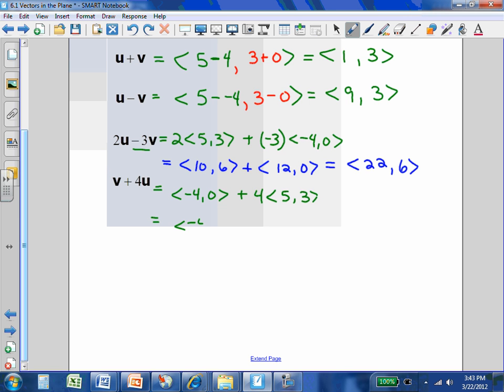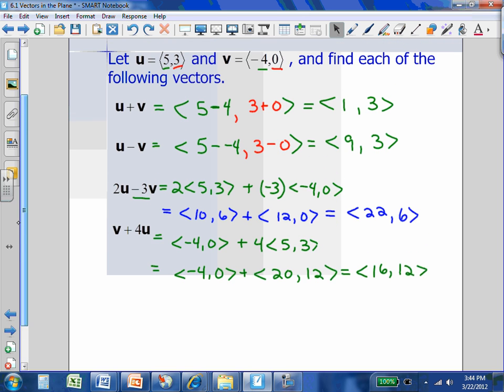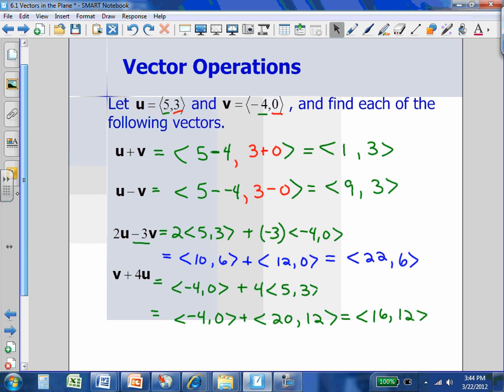I have (-4, 0) plus (20, 12). And then when I add those together, I get negative 4 plus 20, that's 16. And 0 plus 12 is 12. So (16, 12). So that's vector addition, subtraction, and scalar multiplication in a nutshell.